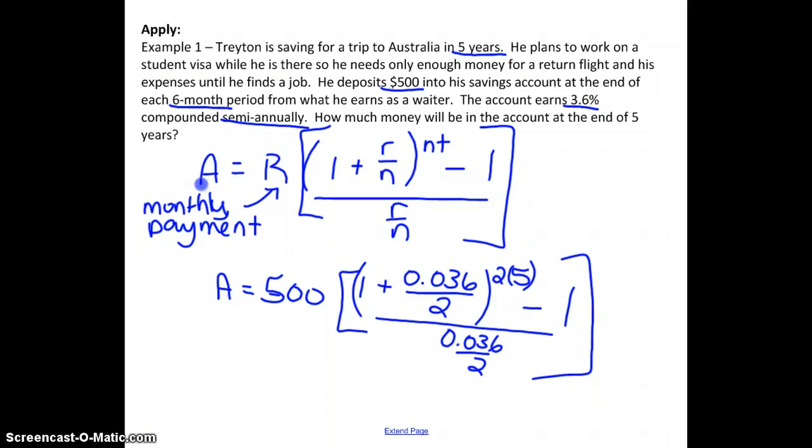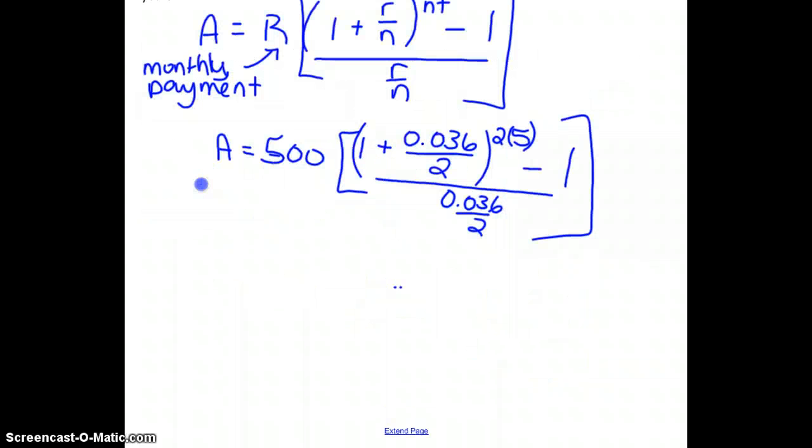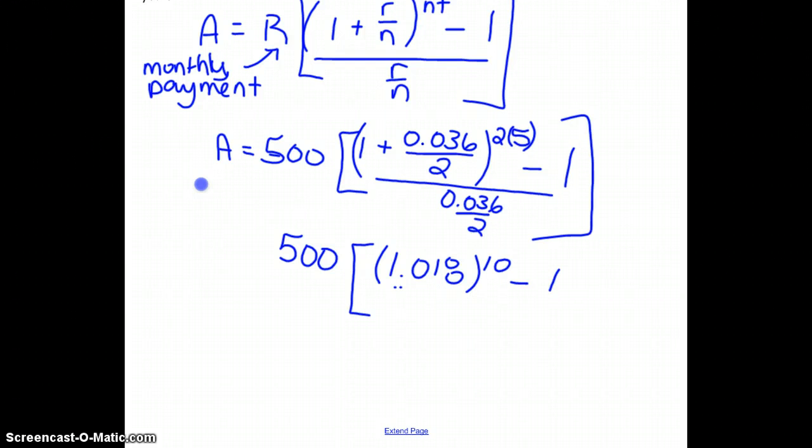So when we're doing this, we just follow BEDMAS. We start with the inner brackets. So we've got 0.036 divided by 2 plus 1. So 500 times 1.018 to the power of 10 minus 1, all over 0.018. Then next is exponents.